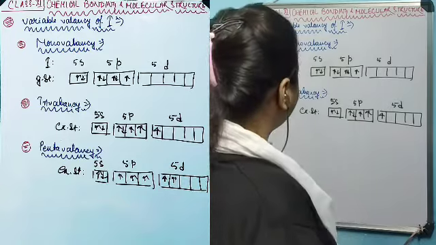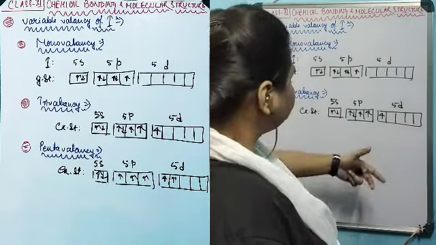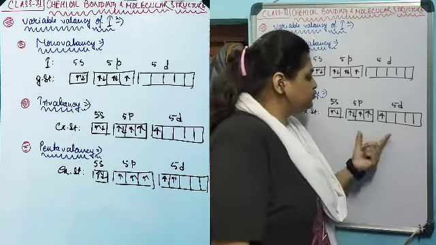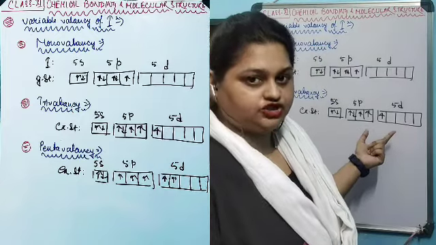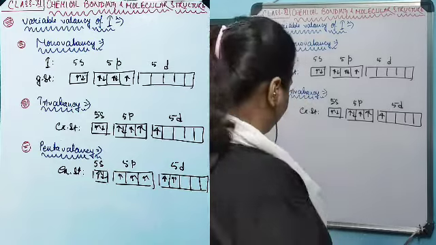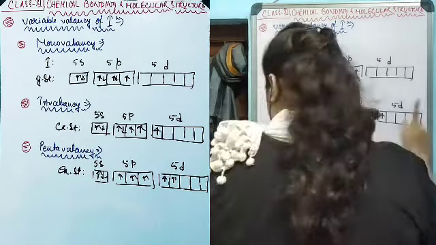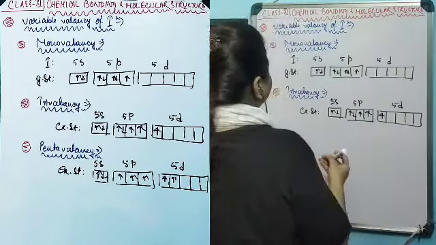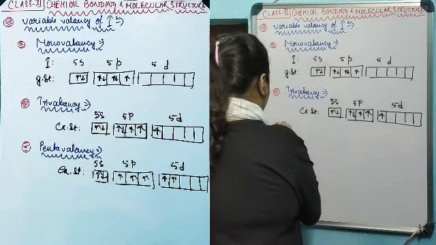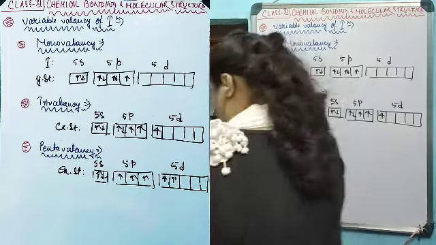As a result, when iodine takes part in covalent bond formation with these 3 unpaired electrons, it shows trivalency. Now there is another valency that is shown by iodine, that is pentavalency.